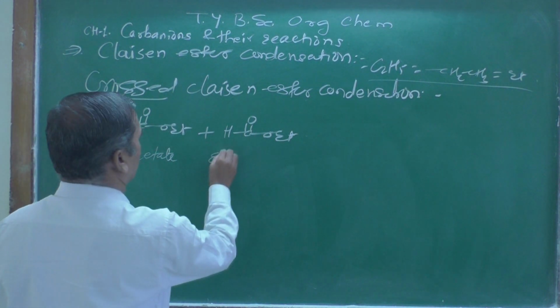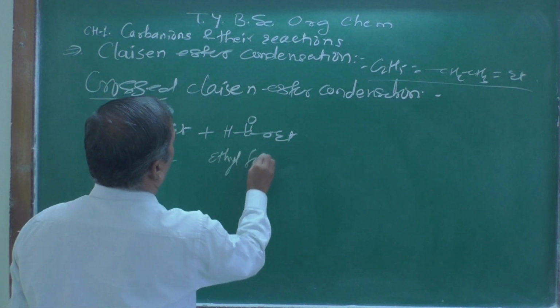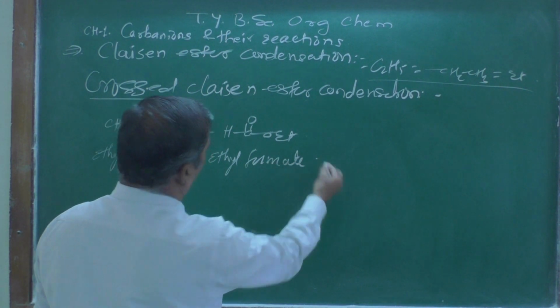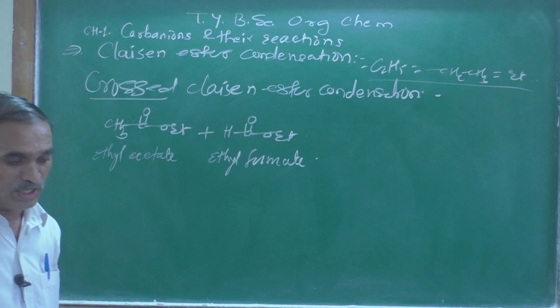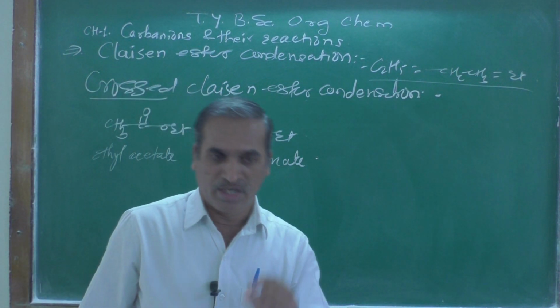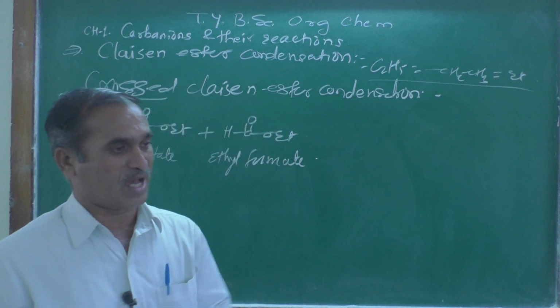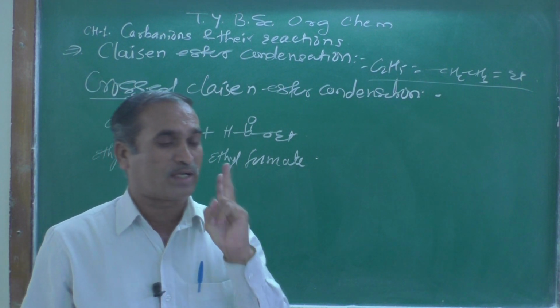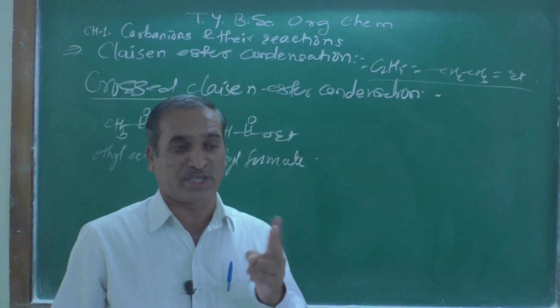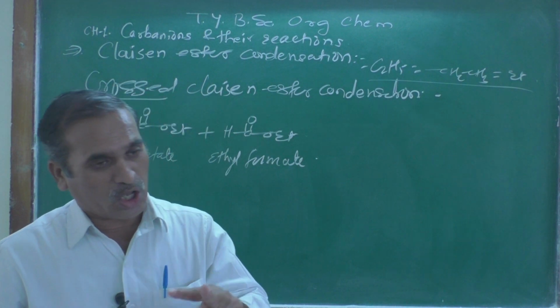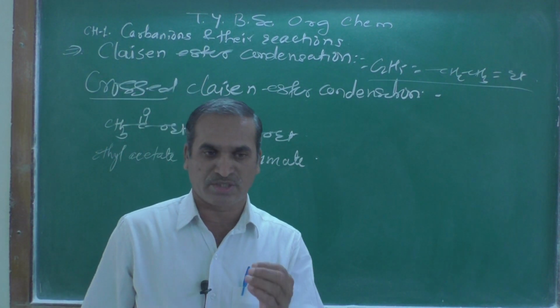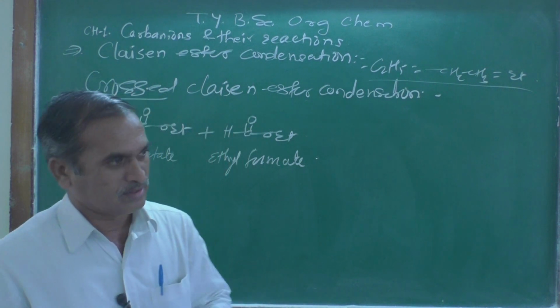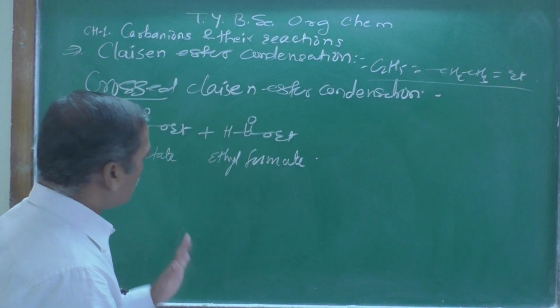This is known as ethyl formate. So these are two different compounds, and as I already told you, synthetically one of them must have at least two alpha hydrogen atoms, and only then does the crossed Claisen ester condensation reaction occur. Otherwise there will be no reaction.